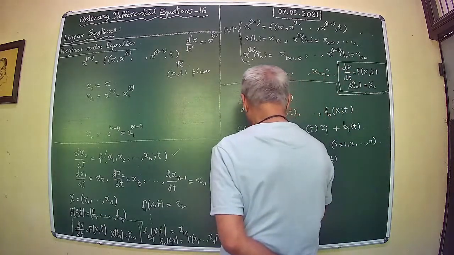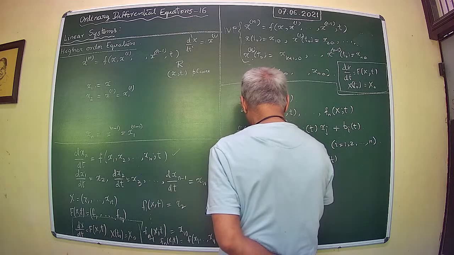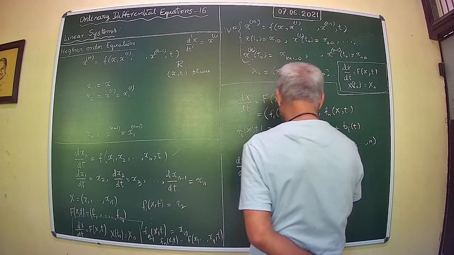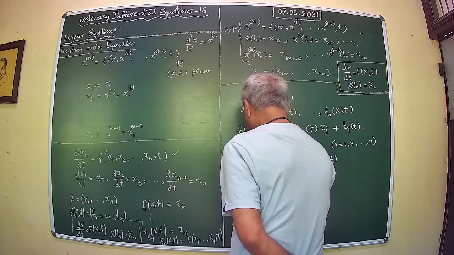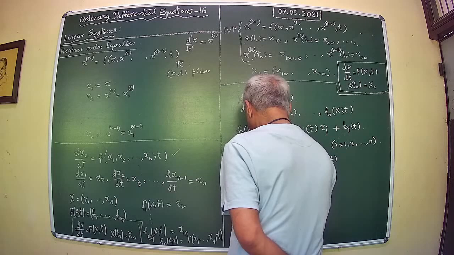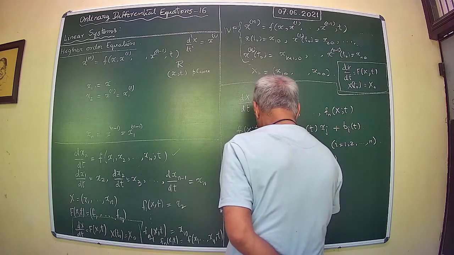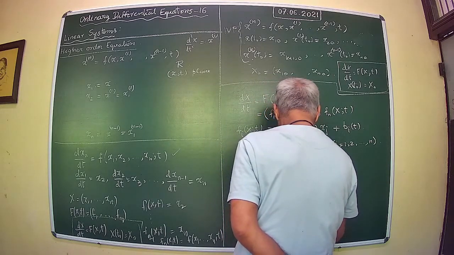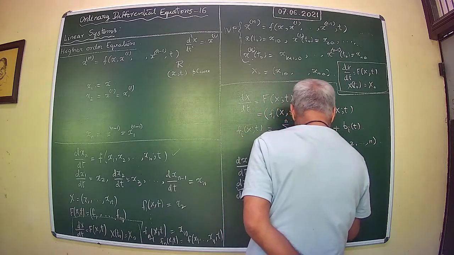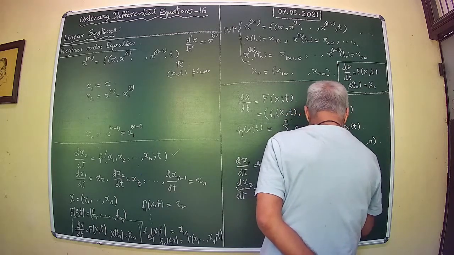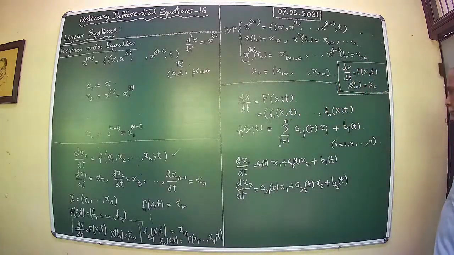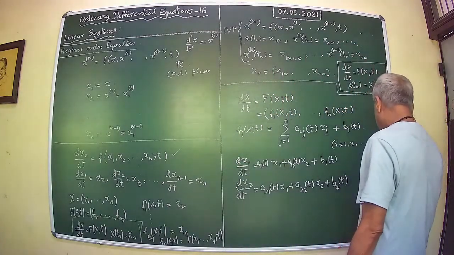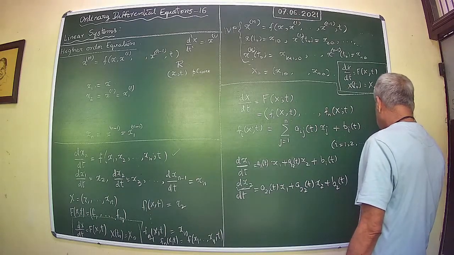So let me write here a11(t)... dx2 by dt... here the aij's and bi's are all functions of t defined for some interval t1 less than t less than t2.